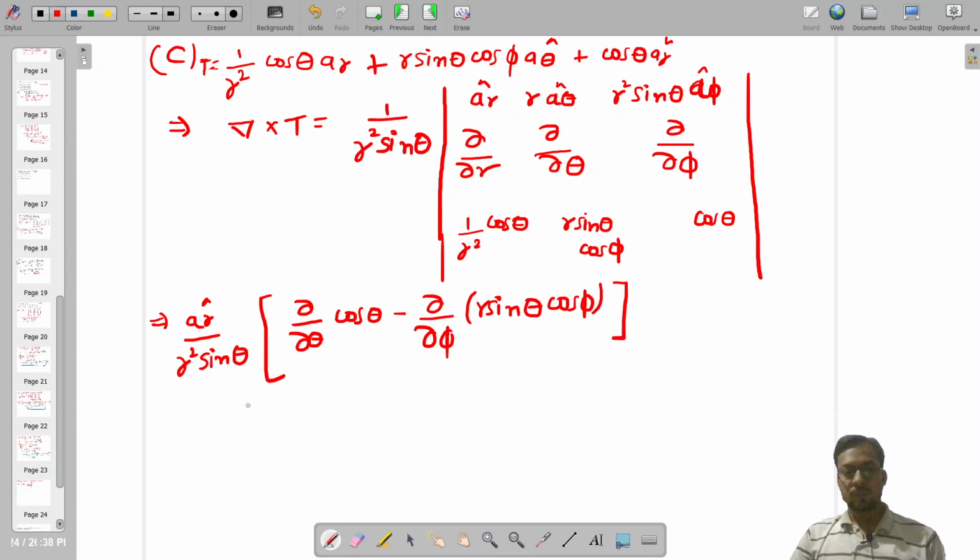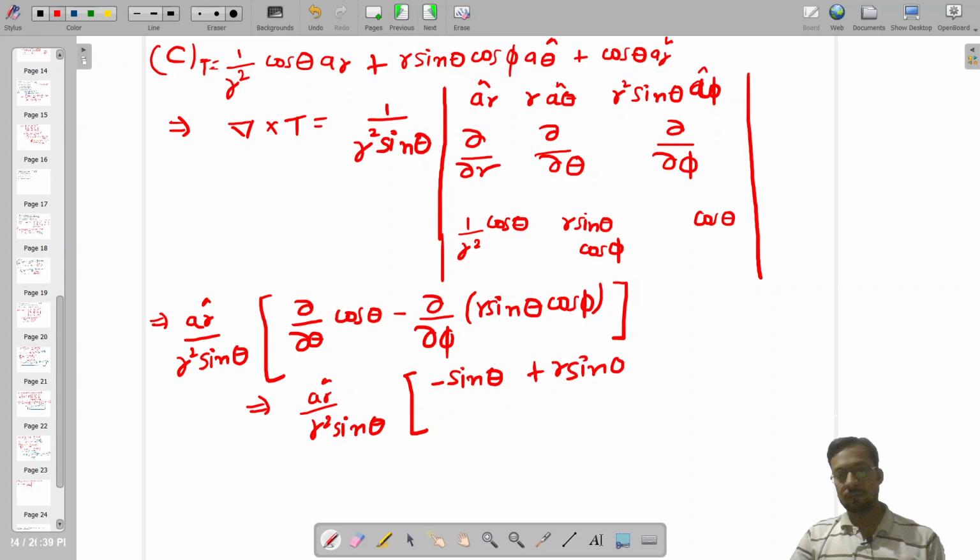So evaluating this, we have minus sine theta and, so cos minus plus, this is r sine theta sine phi. So rearranging the terms, sine theta gets cancelled out. So this sine and this sine get cancelled out.